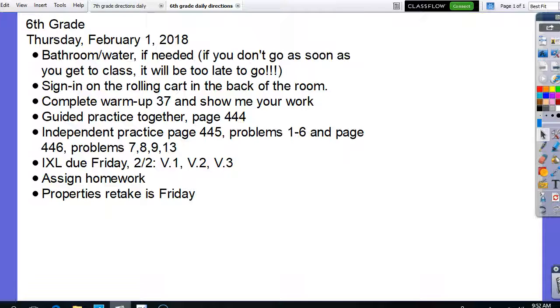Then go back, work on 4, bring it back to let me see, and then you can work on your own. On the back, you're working on problems 7, 8, 9, and 13. You are skipping 10, 11, and 12 on the back. And when do I want to see your work? After 3, and then again after 4.